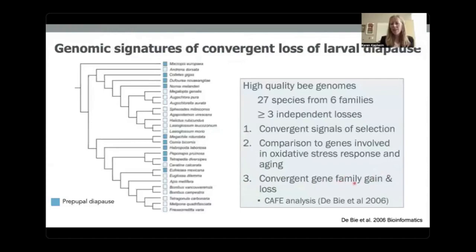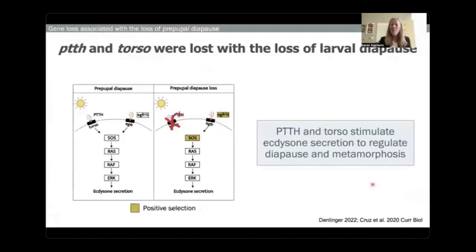Okay, finally, we looked at gene family loss and gain using Kapheim. And we found one single set of genes, and that is a hormone that is conserved across insects and plays a role in ecdysone secretion, PTTH, and its receptor. So this PTTH and torso are known to influence prepupal diapause in a number of species and also metamorphosis through its role in stimulating ecdysone.